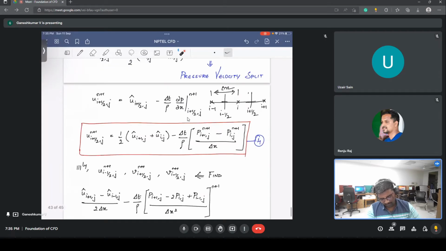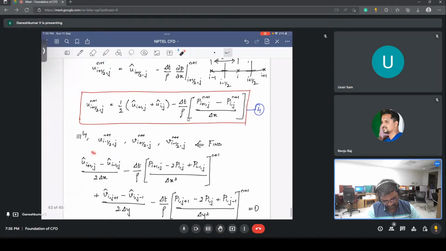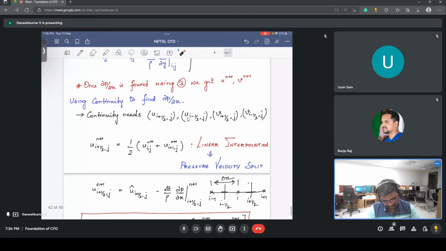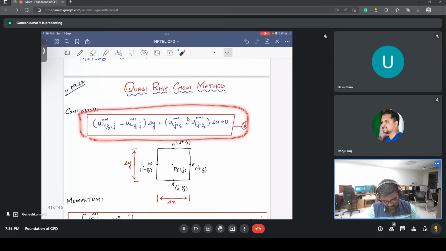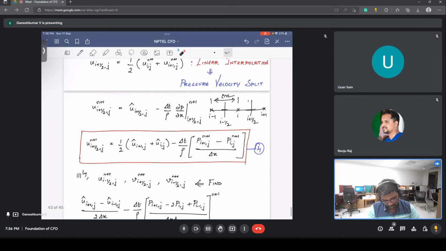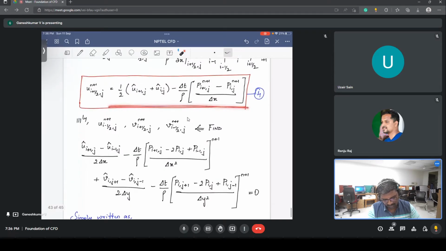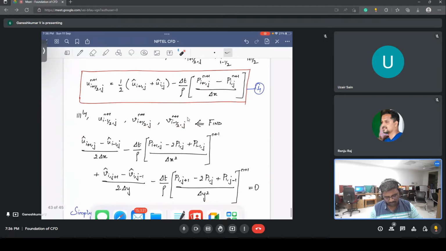If you find all this and substitute in the star equation, which is nothing but the continuity equation, right? So in this continuity equation, if you substitute these kinds of equations, what you finally end up with is this big equation.